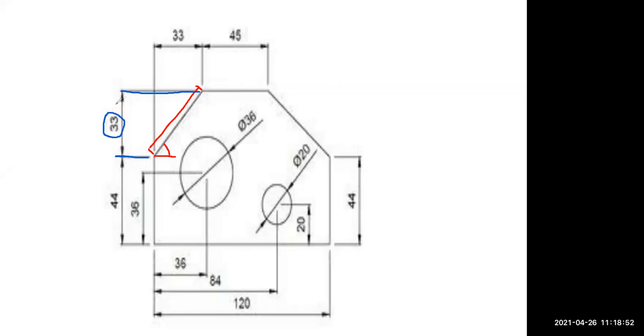So let's move to that vertical position, and in the same way you can see the distance of this point from this point is again 33. So with the help of these two values, we will be able to locate this point. I will highlight it in yellow color. Okay, so let's follow the trend.